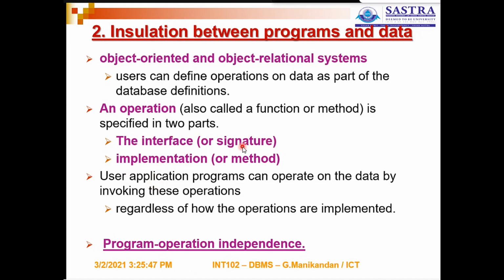Also, you can modify the interface without modifying the implementation, and vice versa; both are possible. So I can modify the type signature of the method without modifying the code, or I can modify the code without changing the type signature or your interface. That is the idea behind program operation independence.